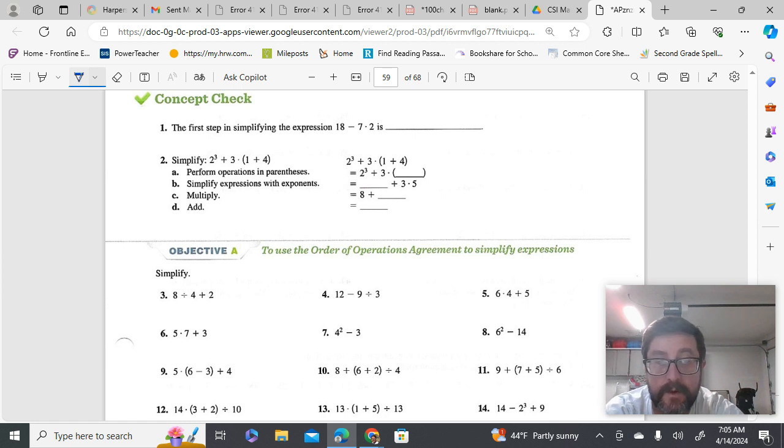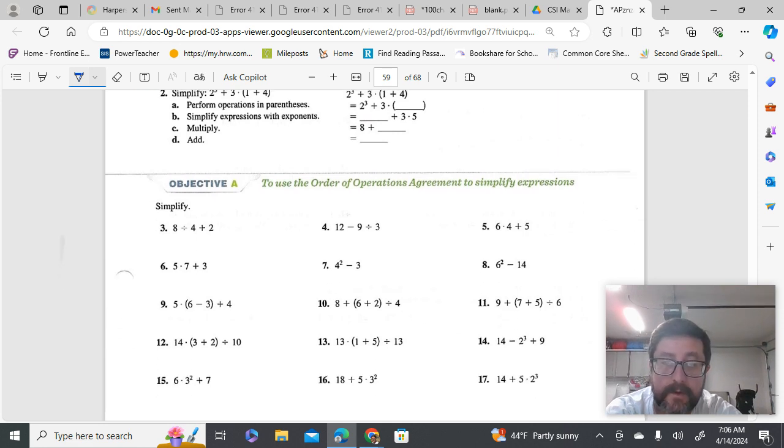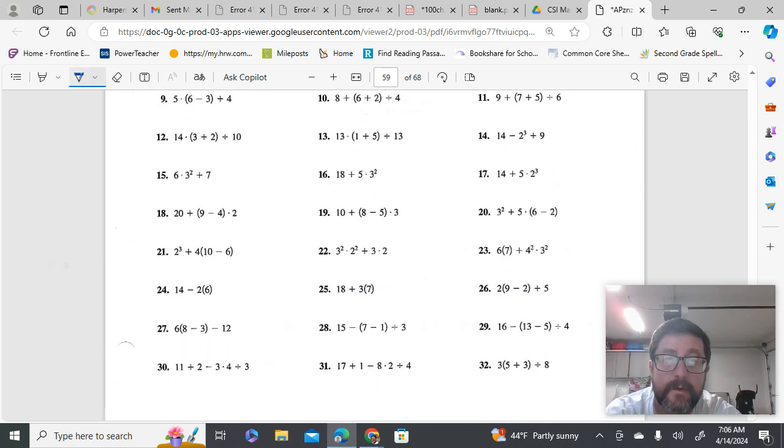So 8 divided by 4 would be 2. 2 plus 2 would be 4. And if you want to come up with an answer, sometimes when it says simplify, it wants you to do it all. So anyway, have fun with that. Pause it and do all this.